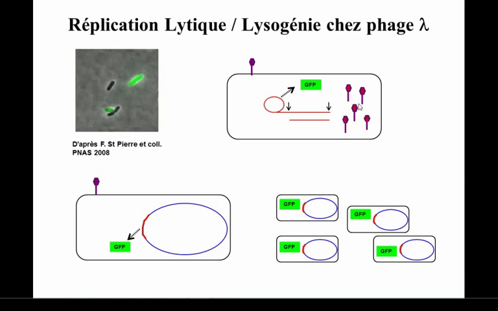So these so-called temperate phages alternate between lytic and lysogenic cycles. So there are two different strategies for ultimately just replicating the phage genome.